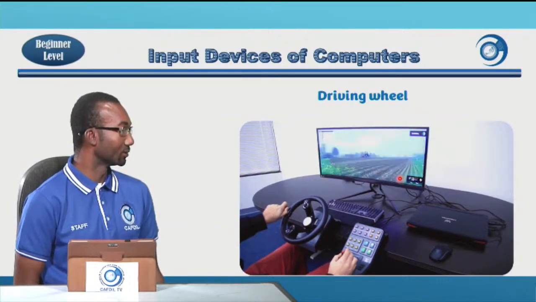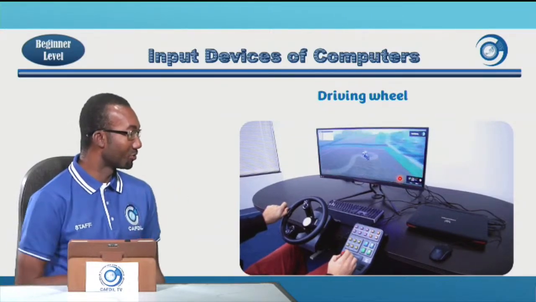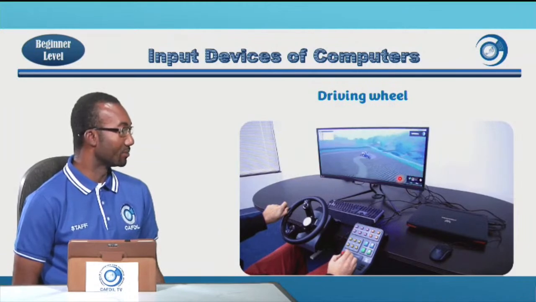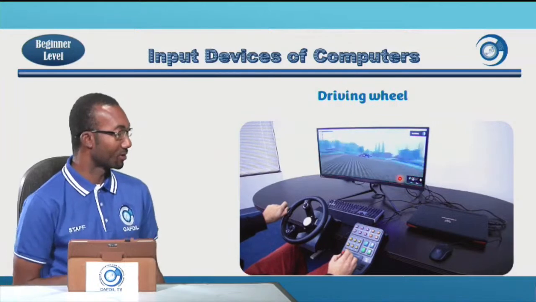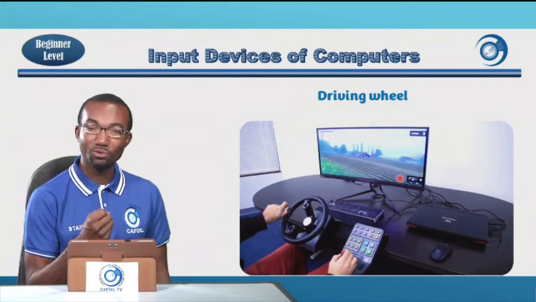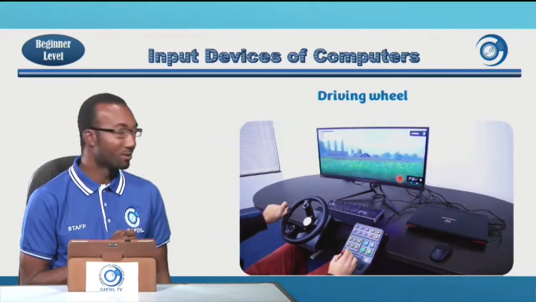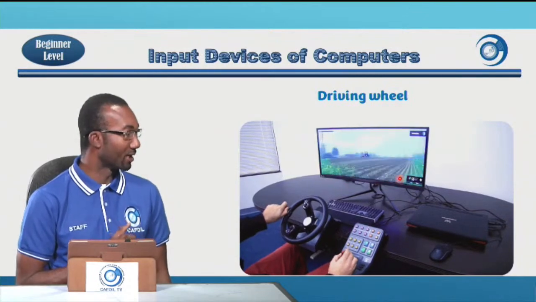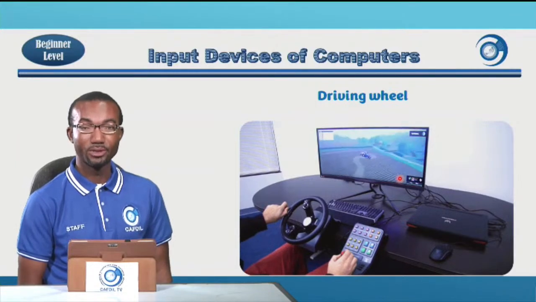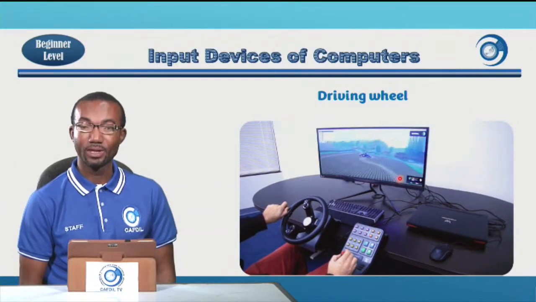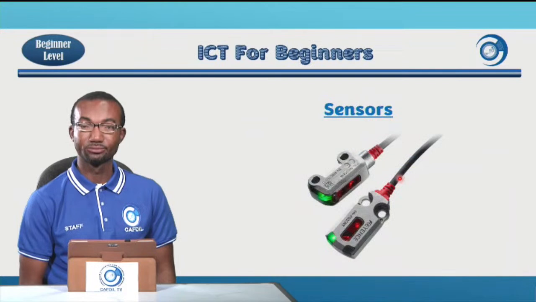And you can also use this in racing games. So you'll be driving the car, steering wheel, everything. It will help you to learn how to handle the steering wheel, how to use the pedals, and the rest. So the driving wheel is also a data entry input device.